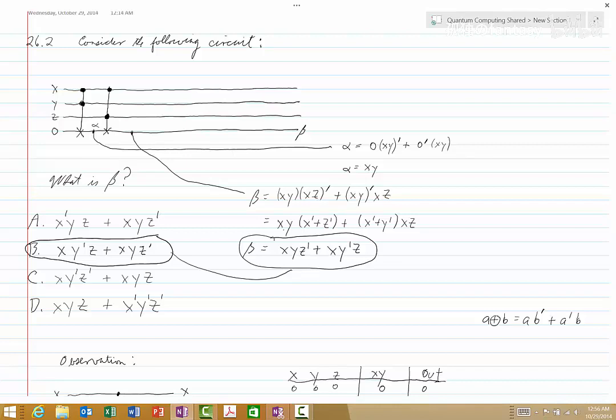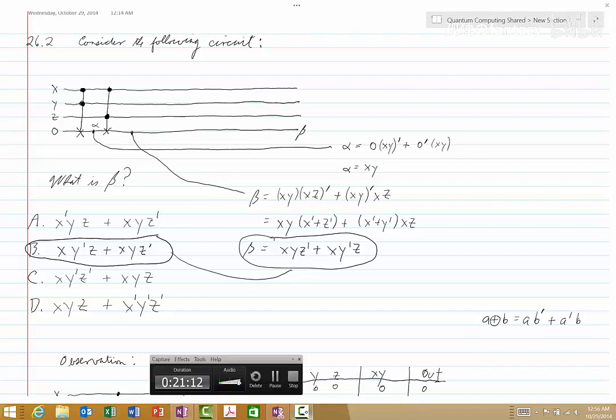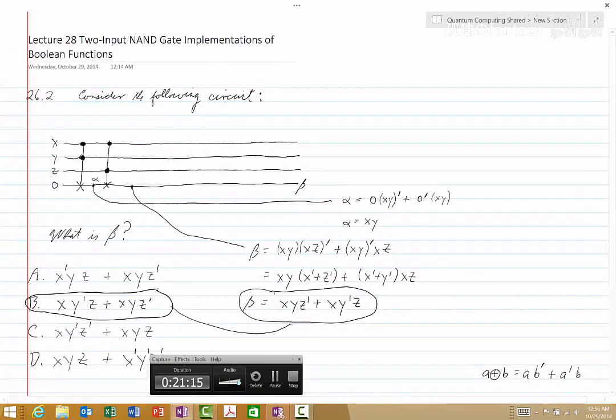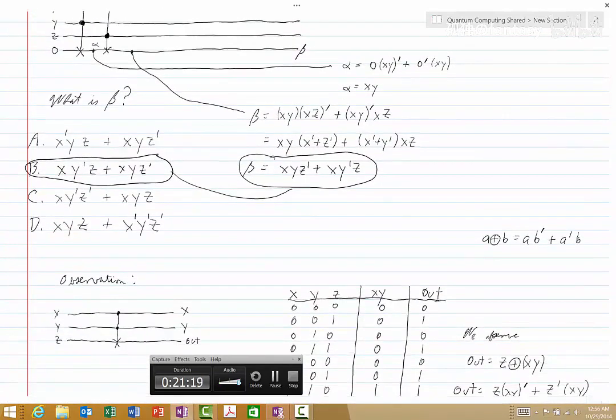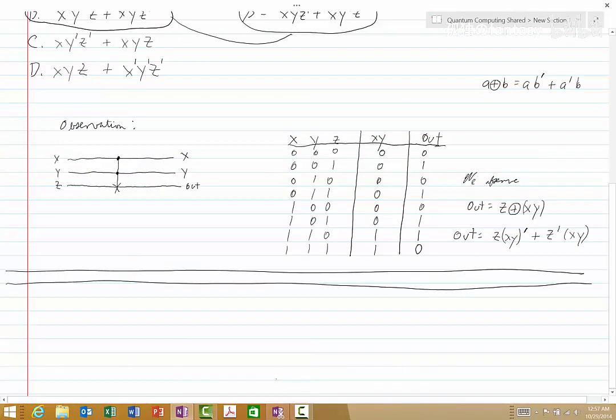So that catches us up on some observations I wanted to make about recent quizzes. And now we'll get into today's topic, which is the two-input NAND gate implementations of Boolean functions. As we said in our last lecture, we want to do things as efficiently as possible. And I want to just try to teach this topic through an example.